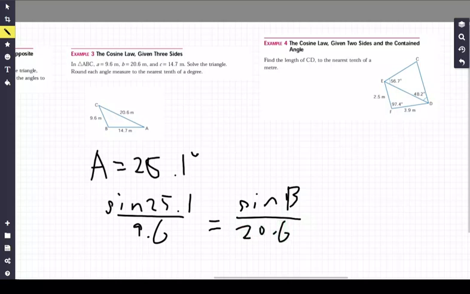So let's go ahead and do that. I'm going to do 20.6 multiplied by sine 25.1 degrees. Then I'm going to divide by 9.6. And I'm going to take the inverse sine of that.